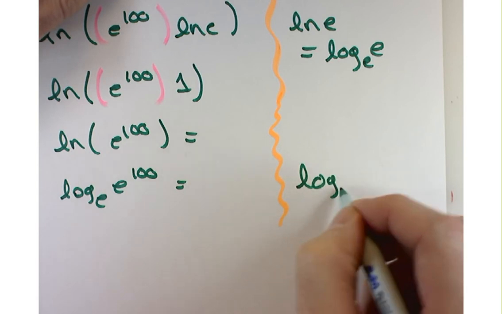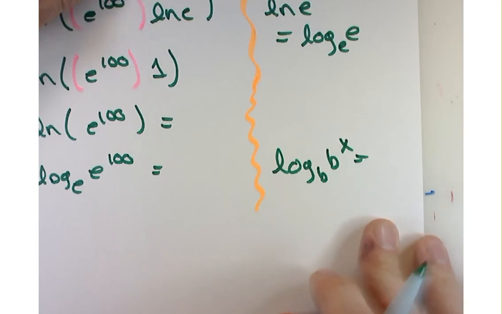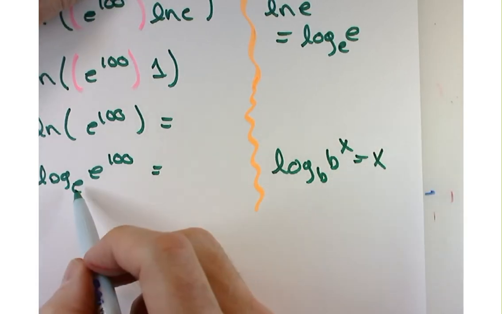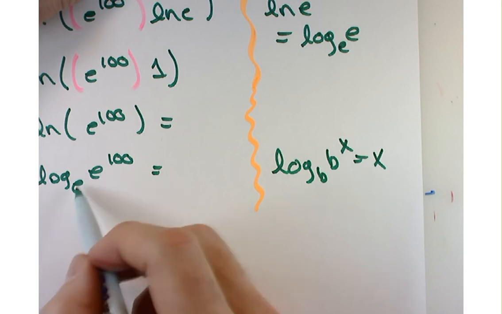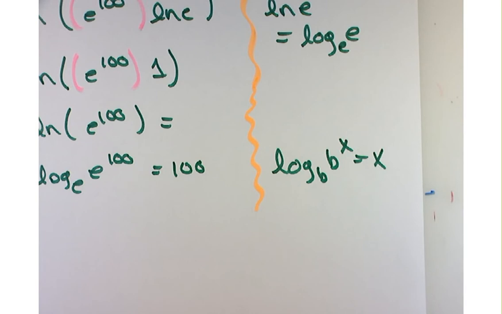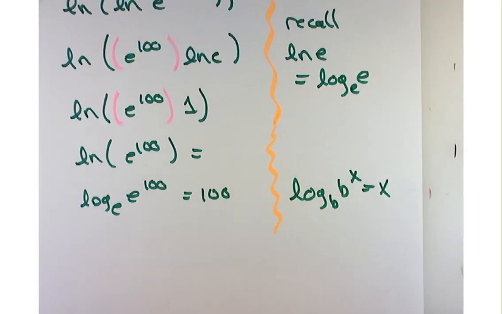Log base b of b to the x. Remember what that one was? It's just x. This is exactly what we have here. These bases match each other, so all you get is 100. But this is a really good property to know and to have memorized. Write it on the top of your test right when you get your test.